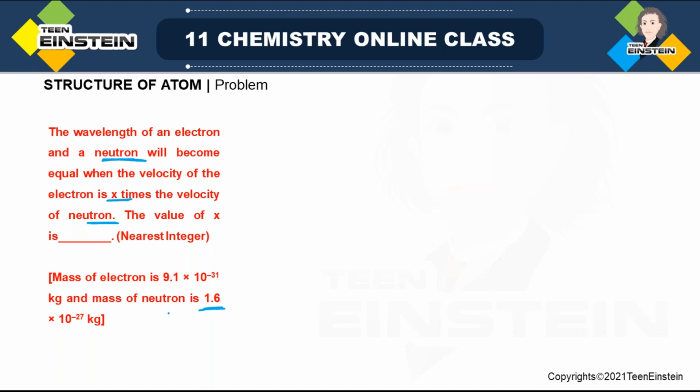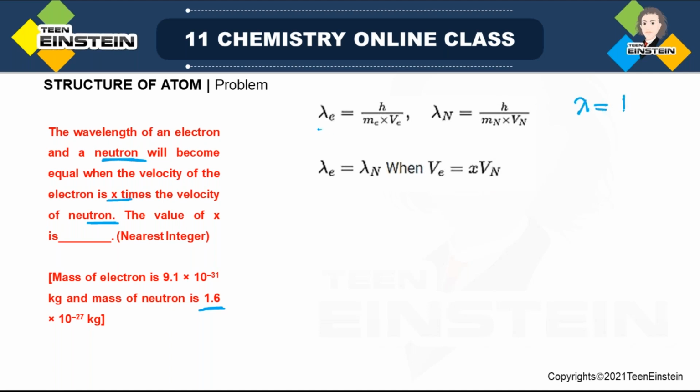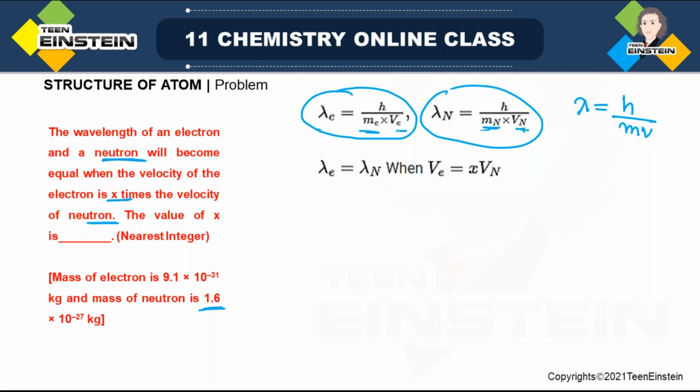So that equation we can use first for electron and also for neutron. So individually, lambda is equal to h by mv. So for electron, it should be like this, and for neutron, it is like this: mn vn, velocity of neutron, mass of neutron, velocity electron, mass of electron, velocity of electron.